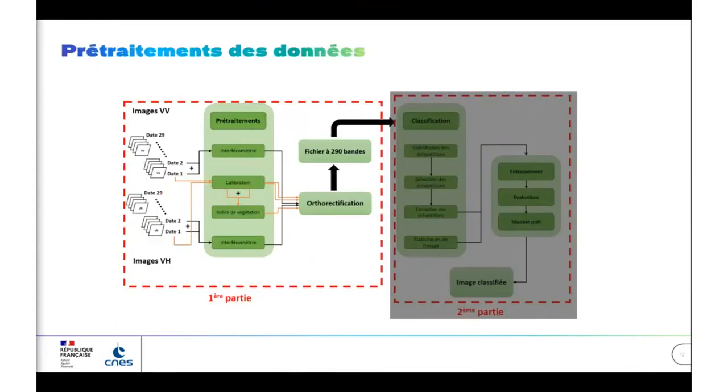The first part is really about the data itself: how do we start off with raw, quote unquote, VV and VH images, and bring them all together to compute a bunch of indices, orthorectify them, and then produce this massive file, which we're then going to use as data for the machine learning model, which we'll talk about later.